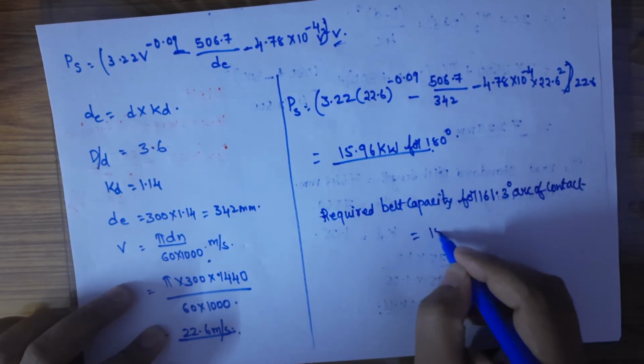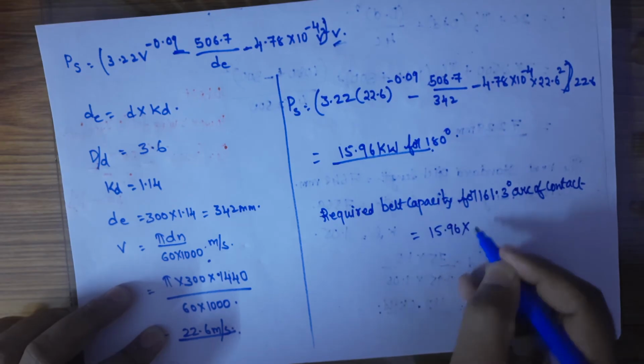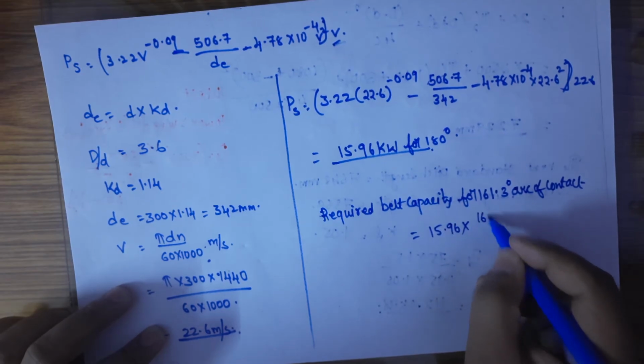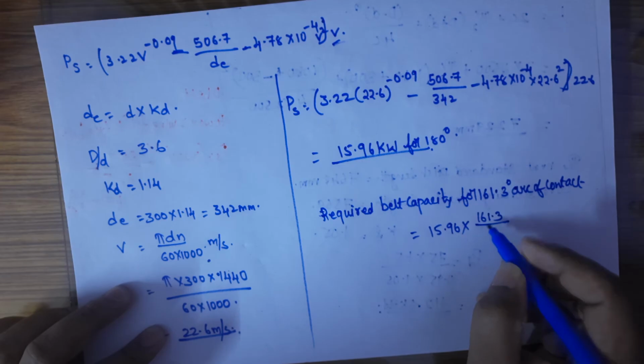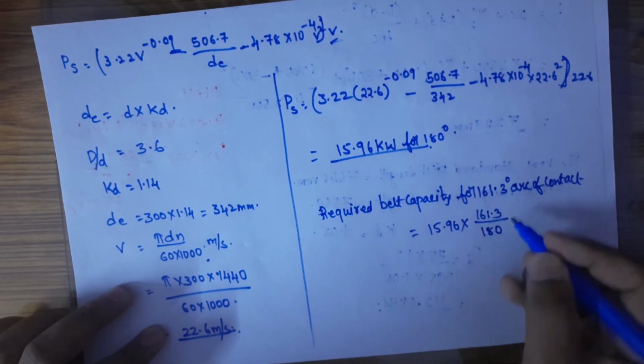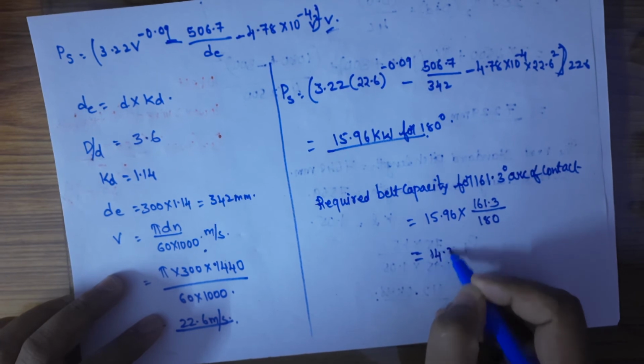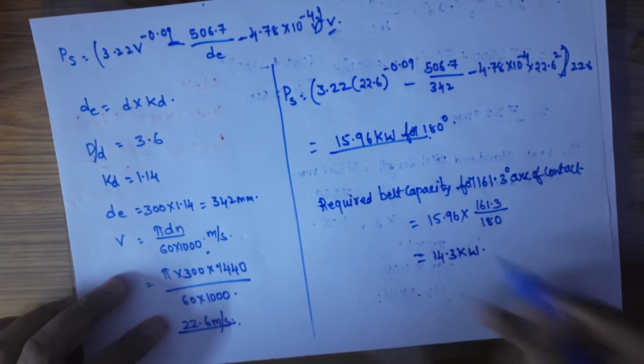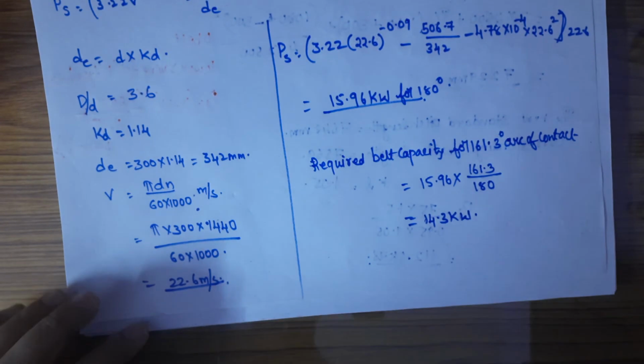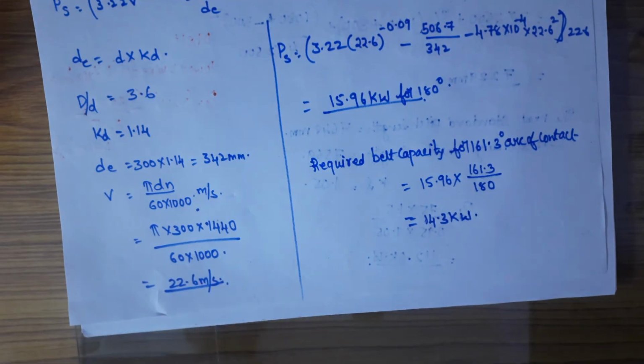So that is 15.96 for 161.3, so I have got an answer of 14.3 kilowatts. Okay, so this is the required belt capacity for 161.3 degrees of arc of contact.